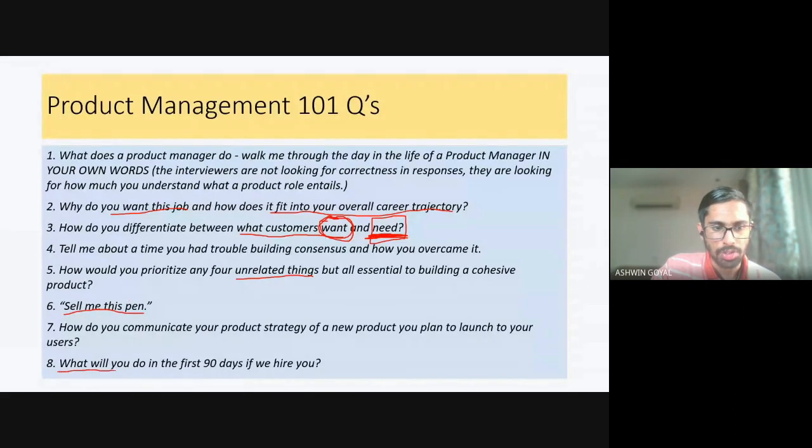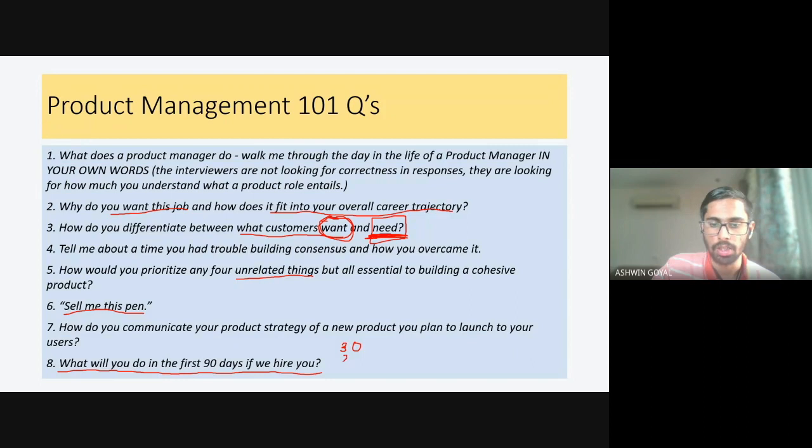Now another common question is what will you do in the first 90 days if we hire you? So you should ideally tell them about your roadmap. Let's say first 30 days you would try to become very familiar with the product, what the company does, the business of the company, all that. And next you can look at deep diving into a few products.